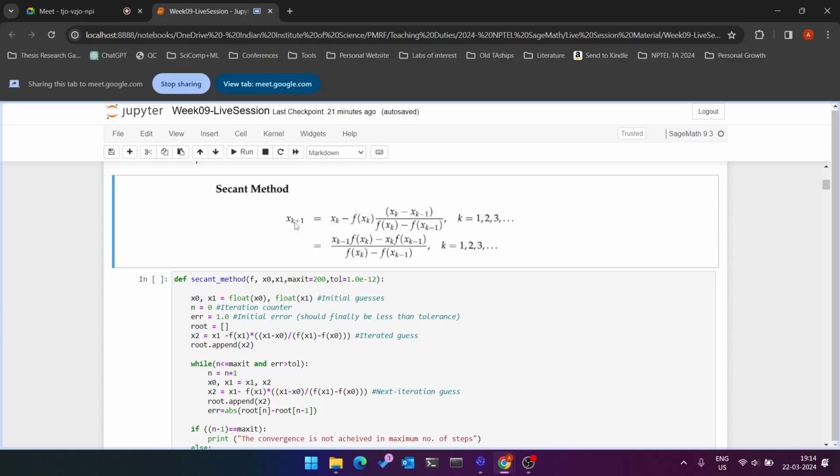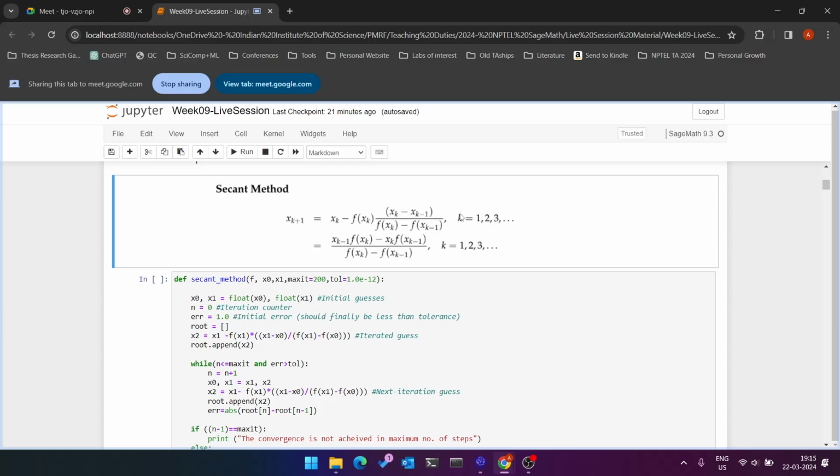It's an unbounded method which calculates the next iteration of the guess of the root as a function of the previous two iterations. So x_{k+1} equals x_k minus f of x_k into (x_k minus x_{k-1}) upon (f of x_k minus f of x_{k-1}).